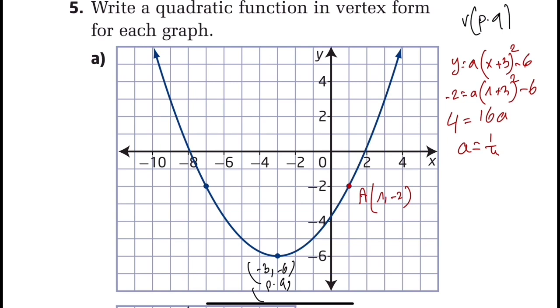Then the final answer is y equals 1 over 4, which actually makes sense because my parabola is looking upward and my a is positive, times (x plus 3) squared minus 6, which is our final answer.